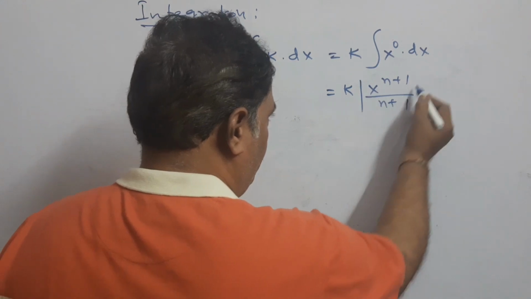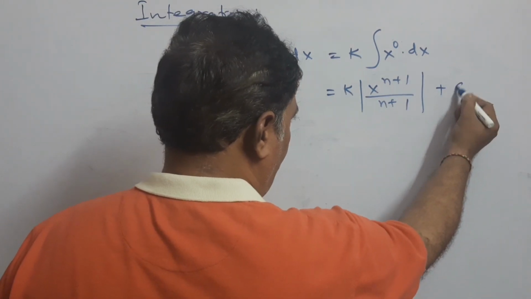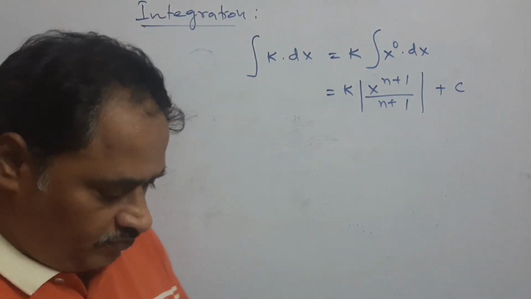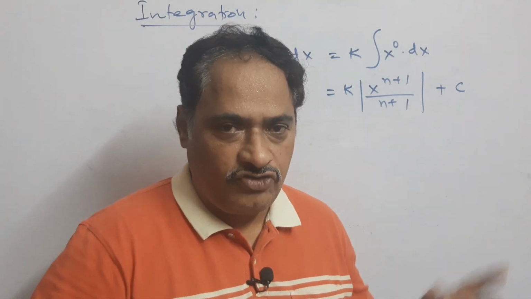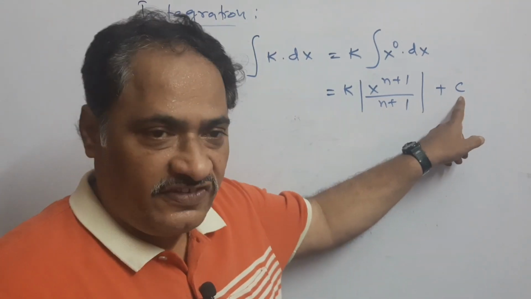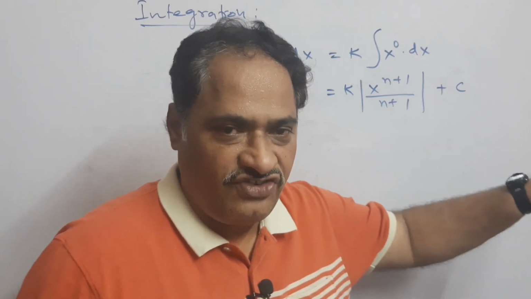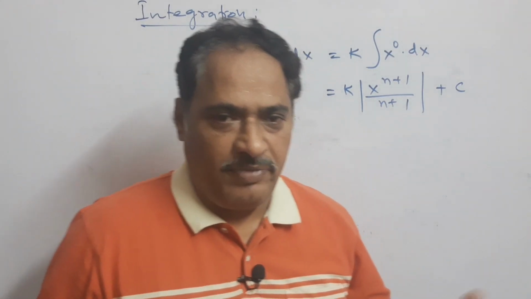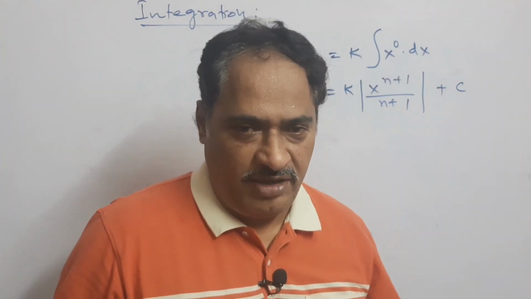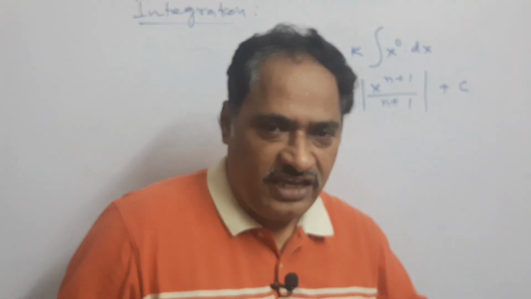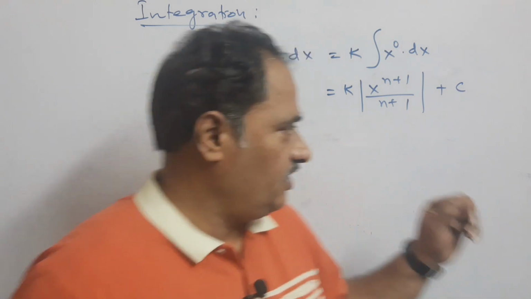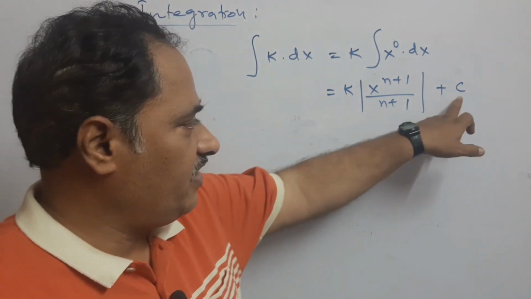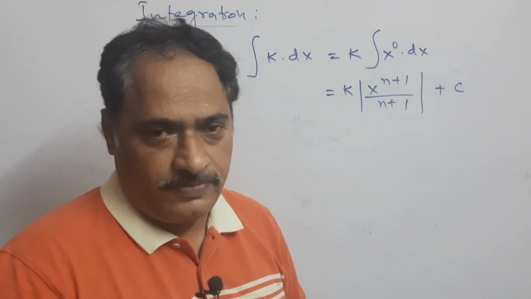Once again, here there are no limits, hence you can take the constant. Do not get confused with these two constants. This constant is for integration constant. So this is a constant in the problem. That may be 2 or 3 or 4, whatever it may be, some number, or mathematical constants like that. This is the constant and this is nothing but the integration constant.